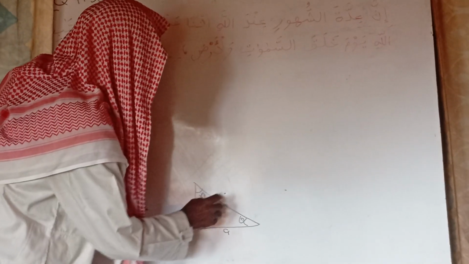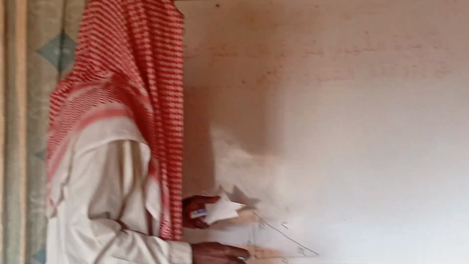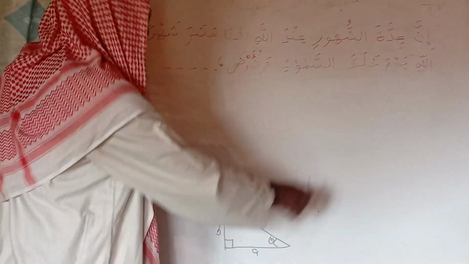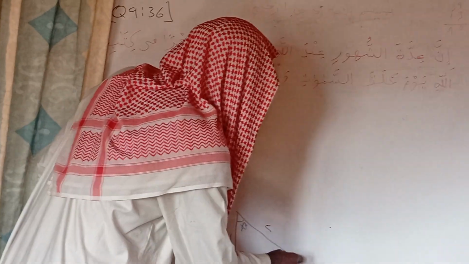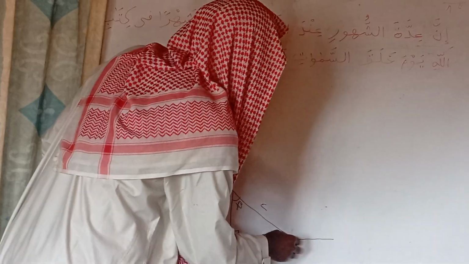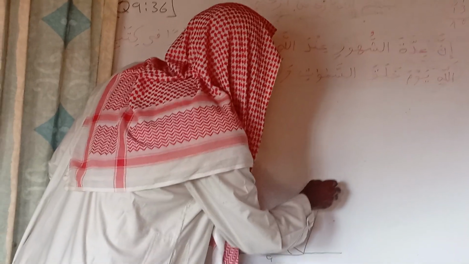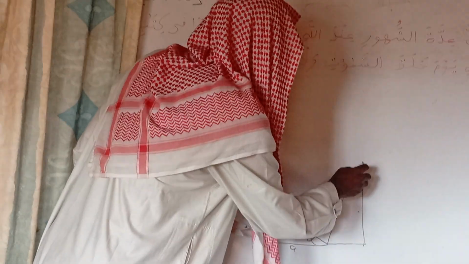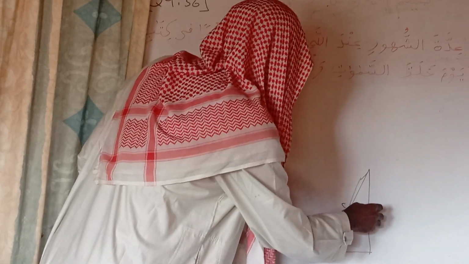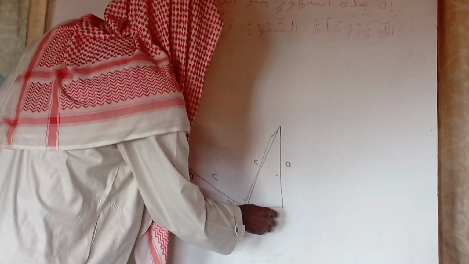And if the sides are A, B, and C, then I can turn this triangle around and put it upright. So it becomes something like this, where this is the side C, that is A, and that is B.